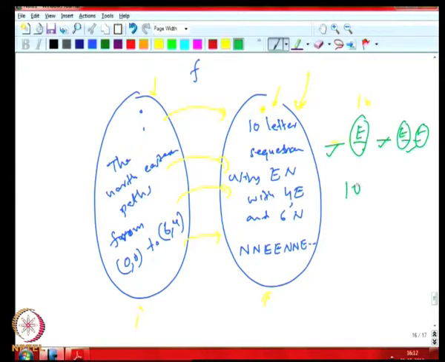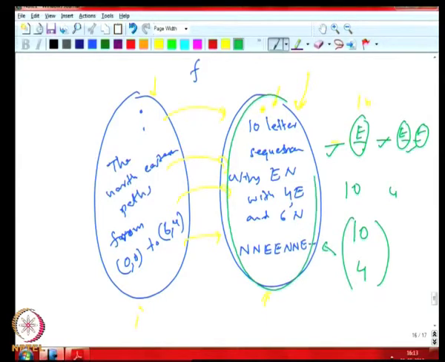So, out of 10 positions, we select 4 positions, that is 10 choose 4. The cardinality of this set will be 10 choose 4. So, you could also have selected the northern positions. So, that would be 10 choose 6, right.